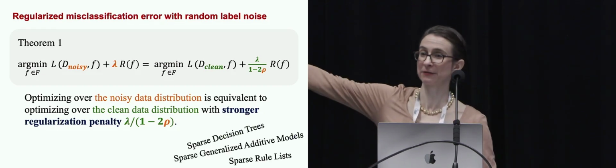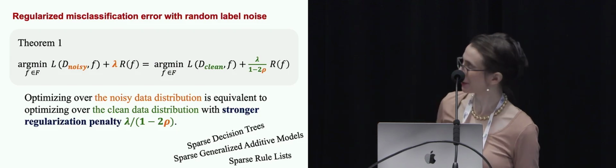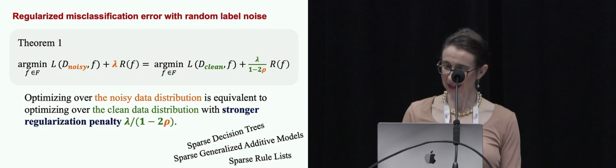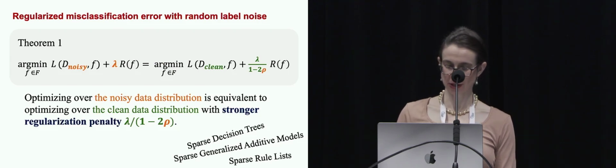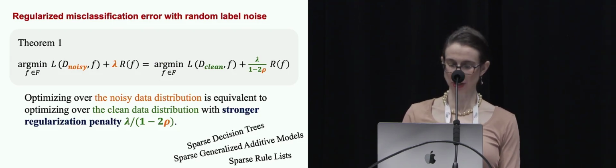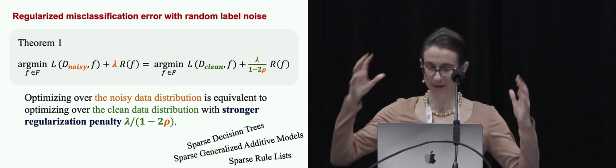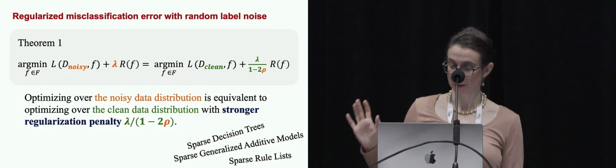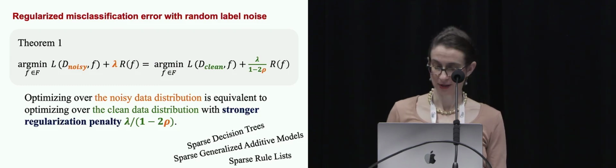These are three of my favorite classes of models here. Okay. And it can be regularization on the number of leaves, on the number of terms, or on the list length, whatever it is. So basically, for any hypothesis space with any regularization function, this theorem holds.